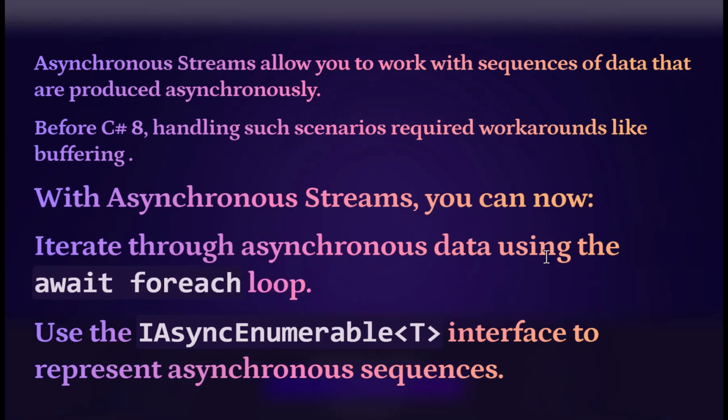So we can say an asynchronous stream is a way to represent and consume a sequence of data that is produced asynchronously. Imagine you are waiting for multiple items to arrive in a queue. Instead of waiting for the entire queue to fill up, you can start processing items one at a time as they arrive.